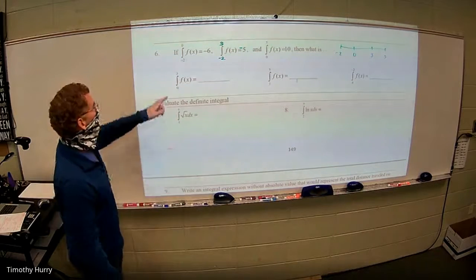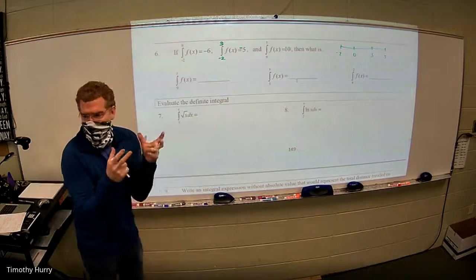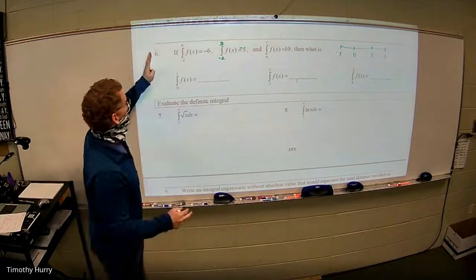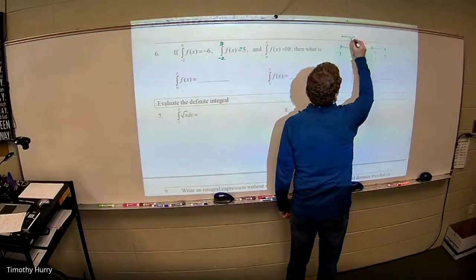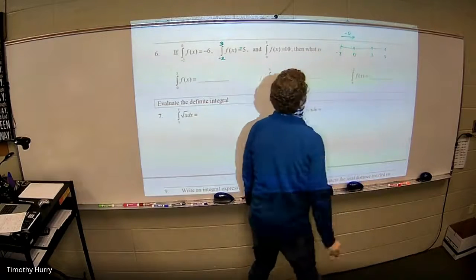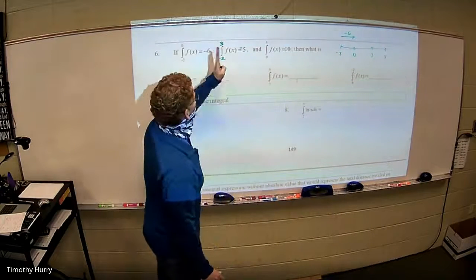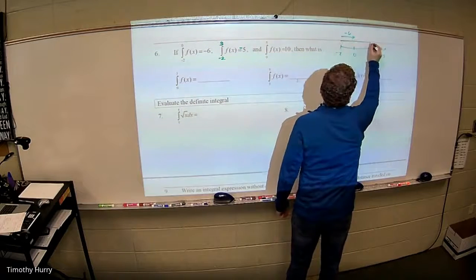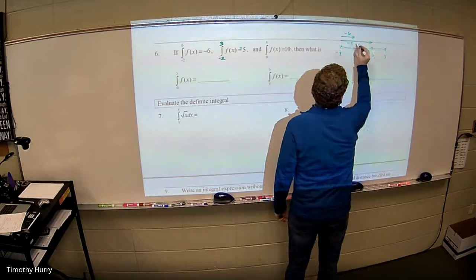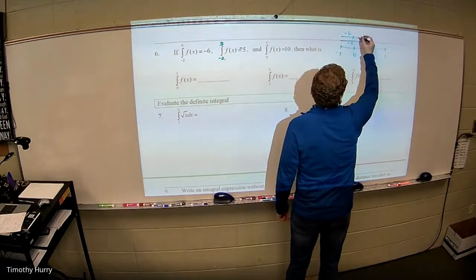So here's what I do. I think of these almost like variable expressions. -2 to 0 is -6. So from here to here is a -6. -2 to 3 is -5. Here to here, total is a -5. Well, what does that tell you about this?